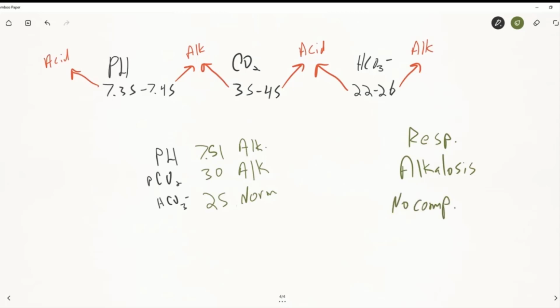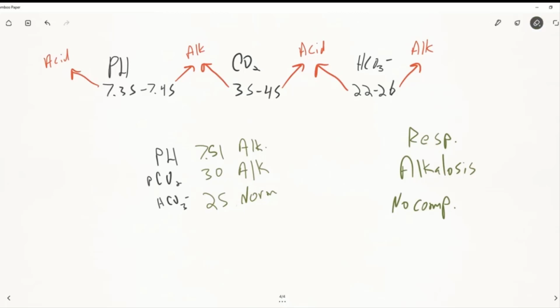There's a pH problem. We know that it's caused by the breathing, but the body has not yet started to try to pick up the slack. There's no compensation occurring yet. Now, if we come back later, we may see these numbers change and we may see compensation start to occur, which we'll see a little later.